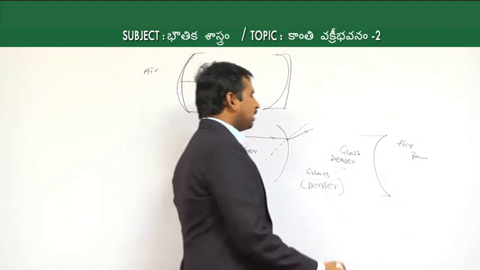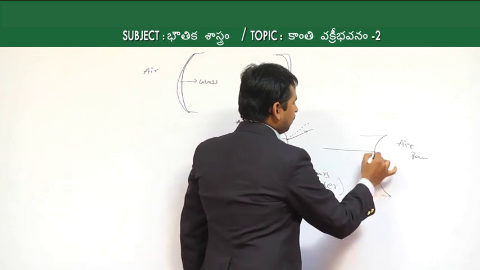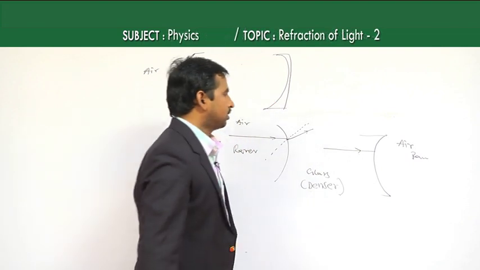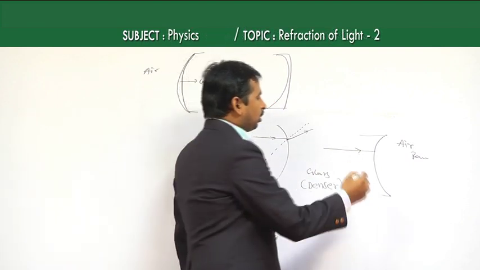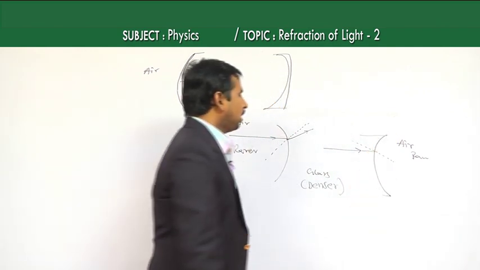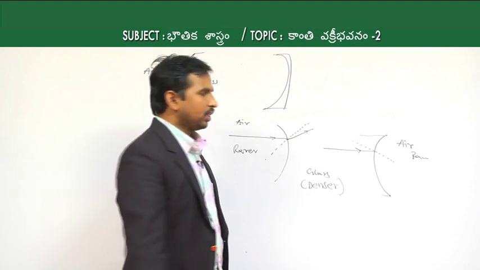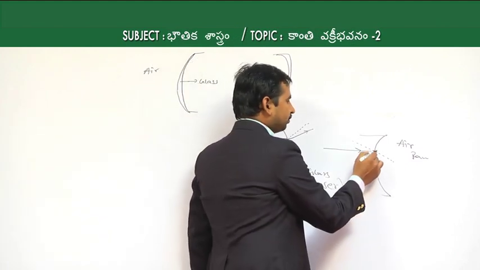Okay. Now, as the light ray is coming from the glass like this, here the normal is for this curved surface like this. As it is coming from denser to rarer, now the light ray is bending away from the normal like this.